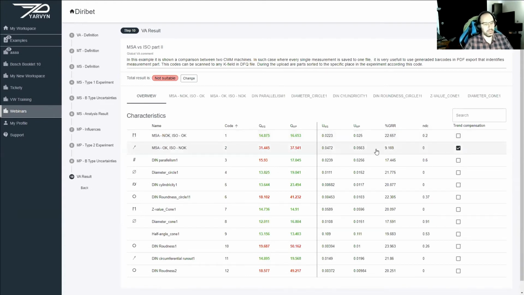The second example is the other one. I have gauge R&R less than 10%, and QMP is more than 37. This is quite interesting, because according to one standard, it is saying no way, the measurement process isn't so good, so you should not use it.